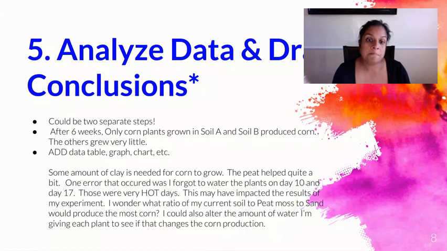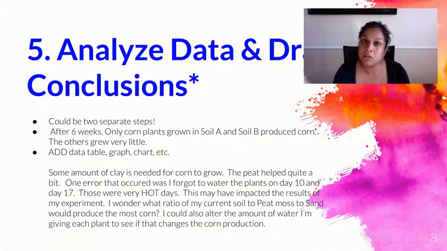So, my conclusion, and by the way, this step can be separated into two different parts. I'm going to just keep them the same as step 5. Depending on your teacher or your book, they might say it's steps 5 and 6. Okay. So I decided that corn probably needs some amount of clay to grow, and that the peat moss did help quite a bit.